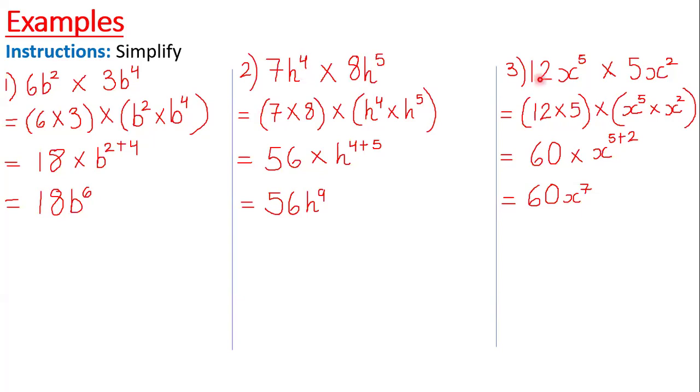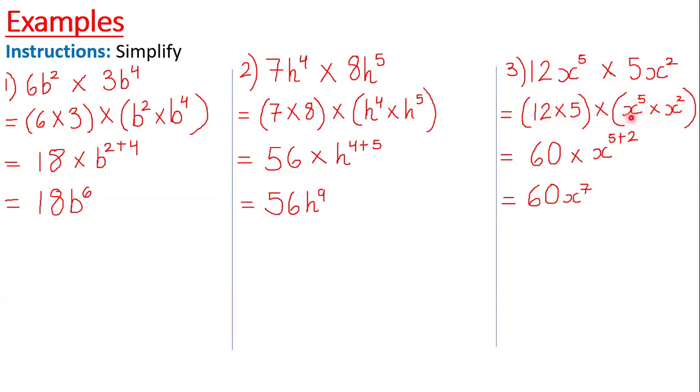I'm gonna do number 3 again. So we have 12x to the 5th multiplied by 5x squared. Well, first thing we're gonna do is we're gonna group the 12 and the 5. So we put them together. Trayon and Justin, y'all see that? Yes. I understand now. And then I group my letters, x to the 5th and my x squared.